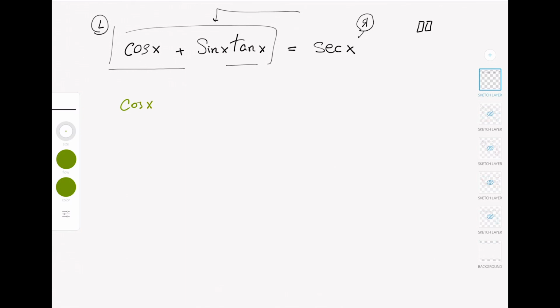Cosine of x, we love it, we keep it as cosine, plus sine of x. We cannot do anything with sine and cosine. But tangent of x we can write as sine x over cosine of x. So we get cosine of x plus, sine of x times sine of x is sine square of x, divided by cosine of x.